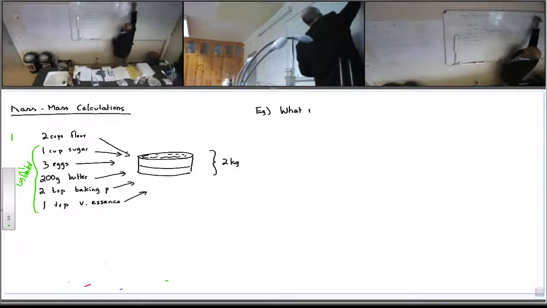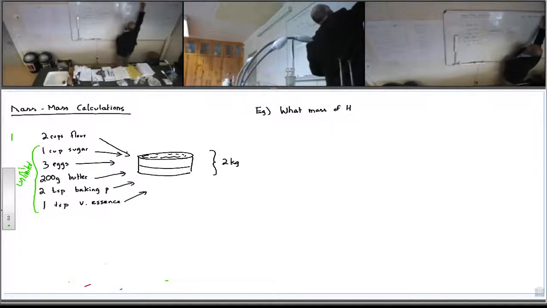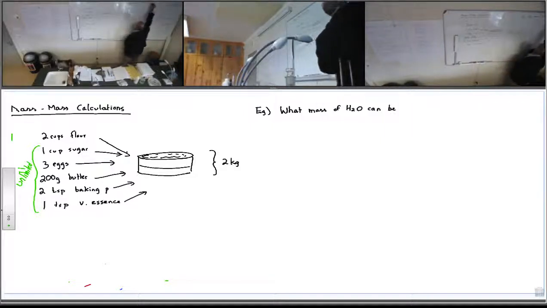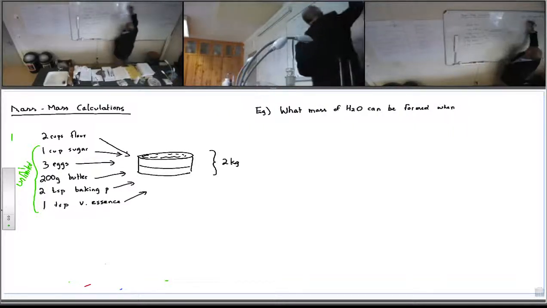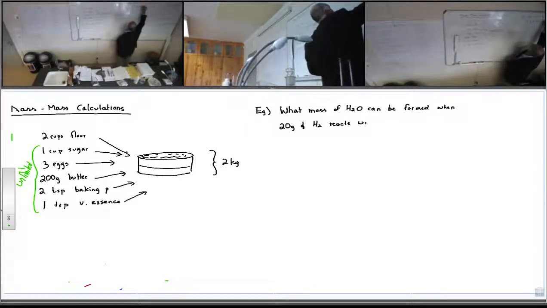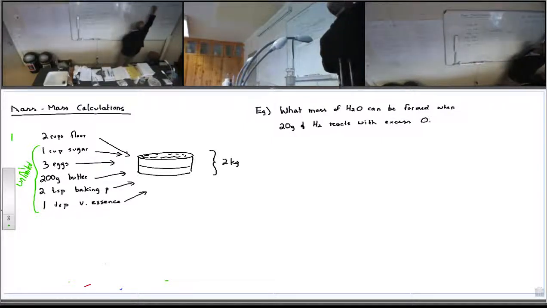What mass of H2O can be formed when 20 grams of H2 reacts with excess O2.